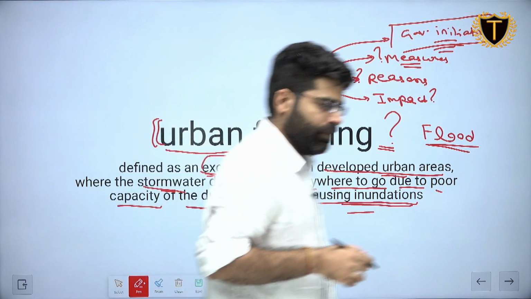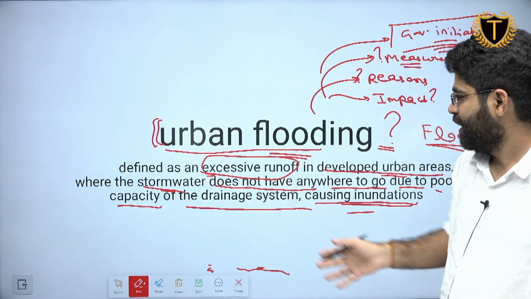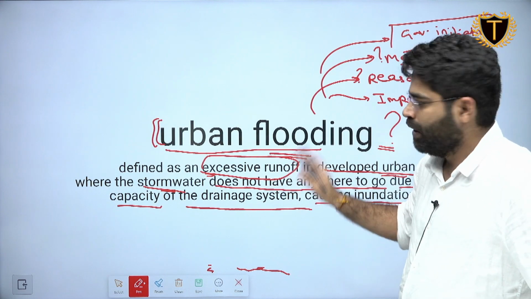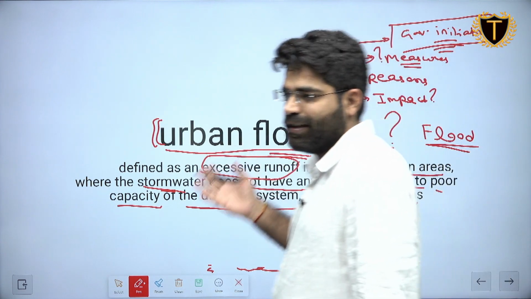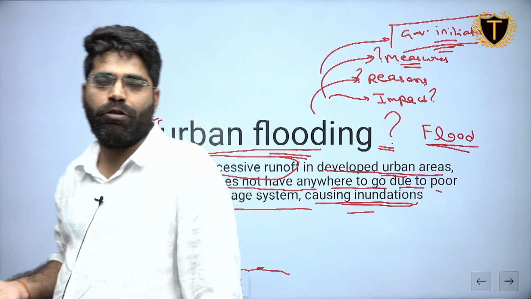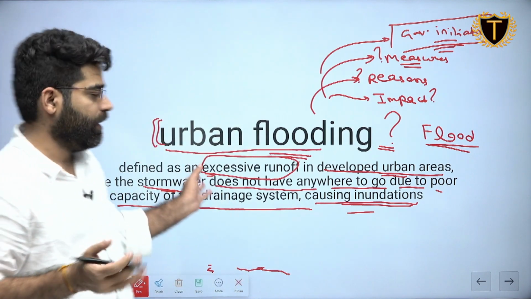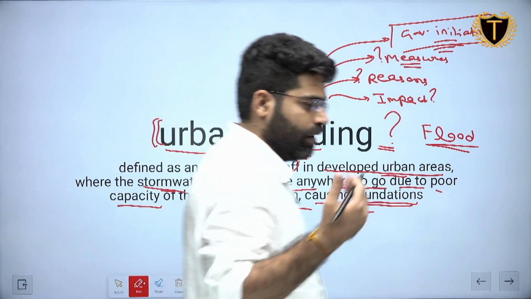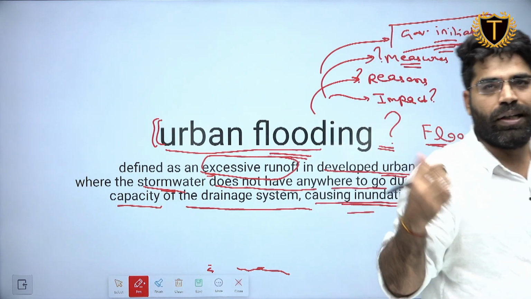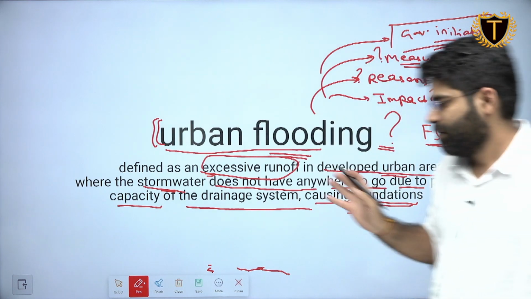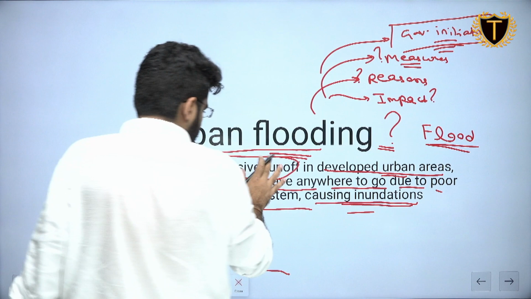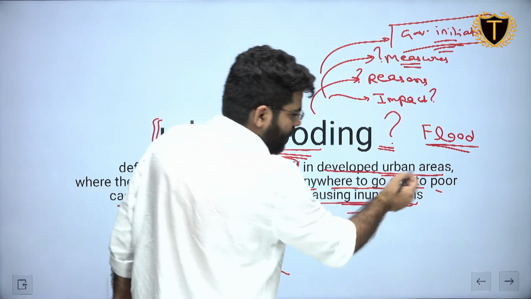Is it clear? We have some specific words like excessive runoff. There has been rain, there has been a storm, or there can be a cloud burst where the runoff is more than the normal runoff which the city or an urban area can handle. Is it clear? So it is an excessive runoff in developed urban areas.